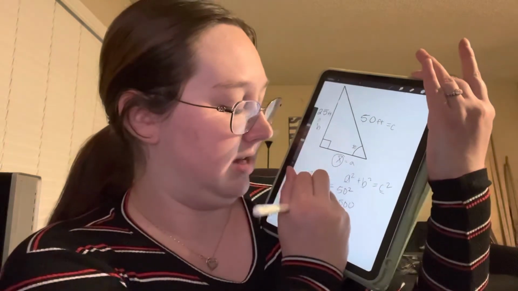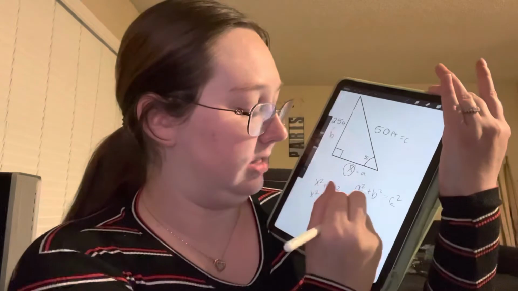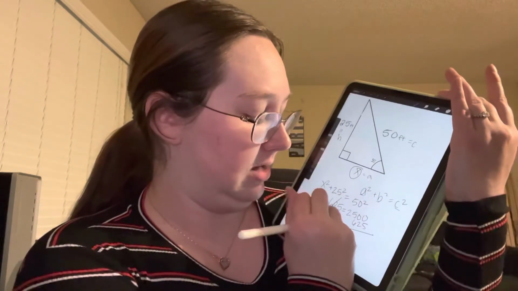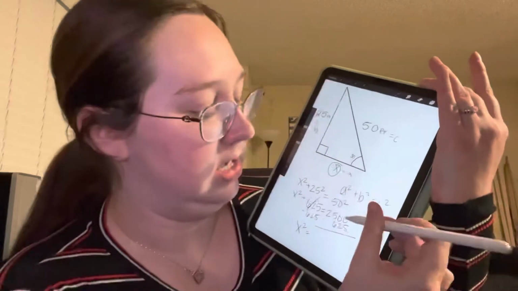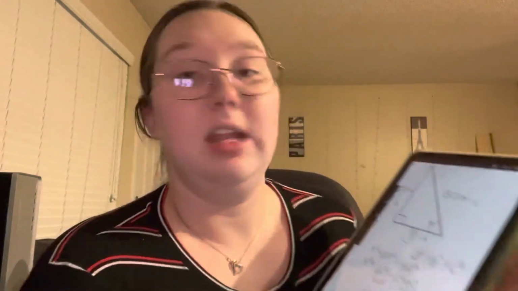After finding x squared plus 625 equals 2,500, we're going to subtract that 625 from this side, and then we have to subtract it from the other side as well. So x squared equals 2,500 minus 625. I'm going to give you a second to figure this out.